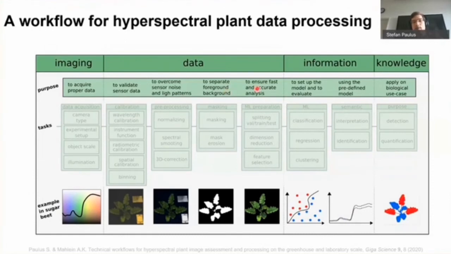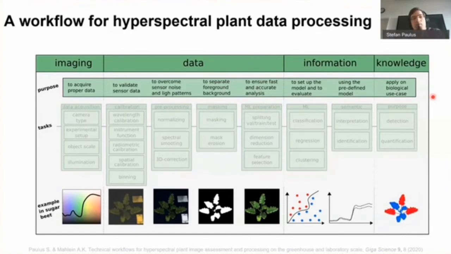Then you start preparing it for machine learning. Then you have information, and you know how to interpret your data, what you need to identify, for example a disease infection. In the end, we want to go to knowledge. This is the workflow you have to cover.